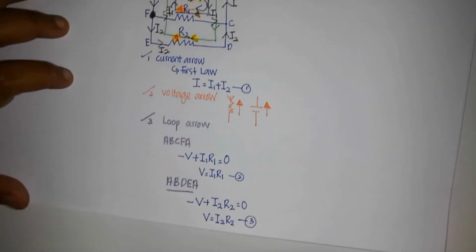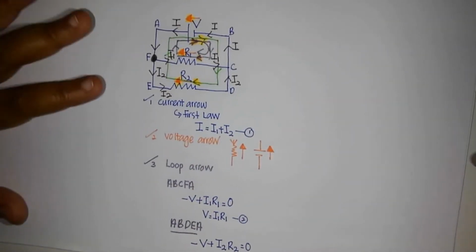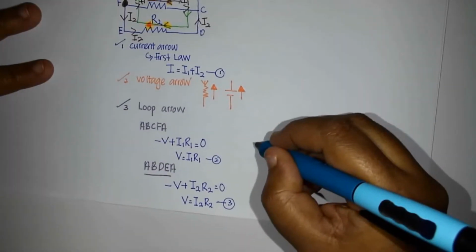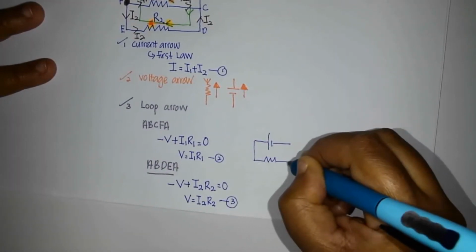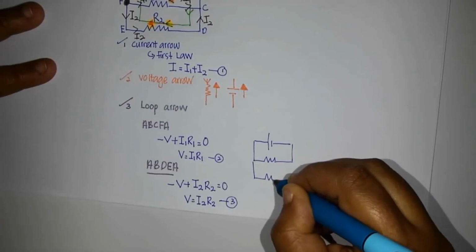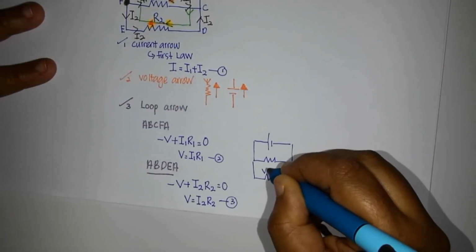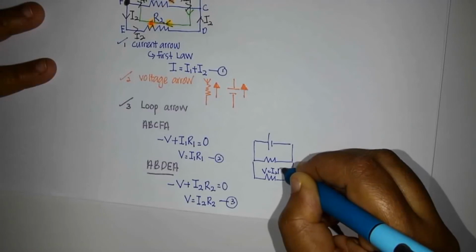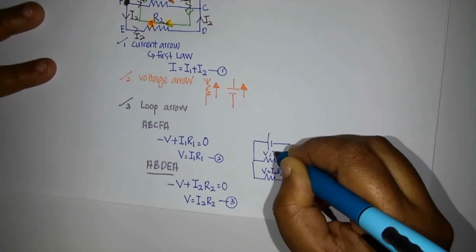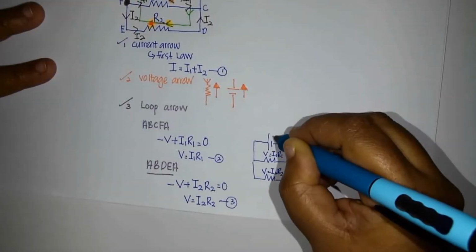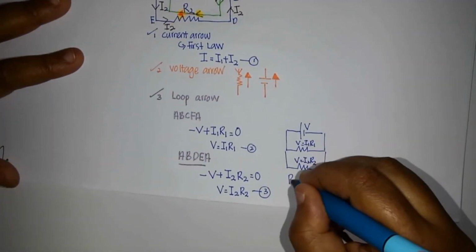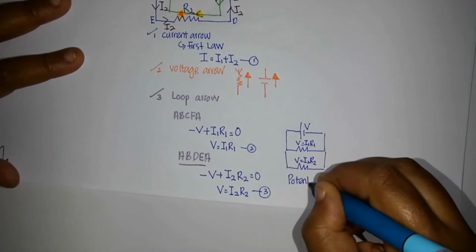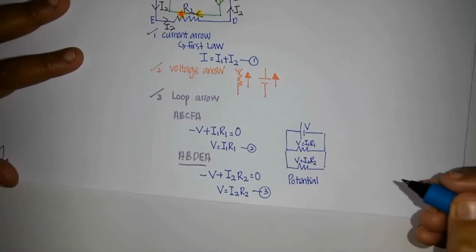Okay, so in this I'm going to draw back the circuit here. This one, V equals to I2 R2, V is equals to I1 R1, and then here is V. So I can say from this Kirchhoff's second law, potential is same in resistors in parallel.